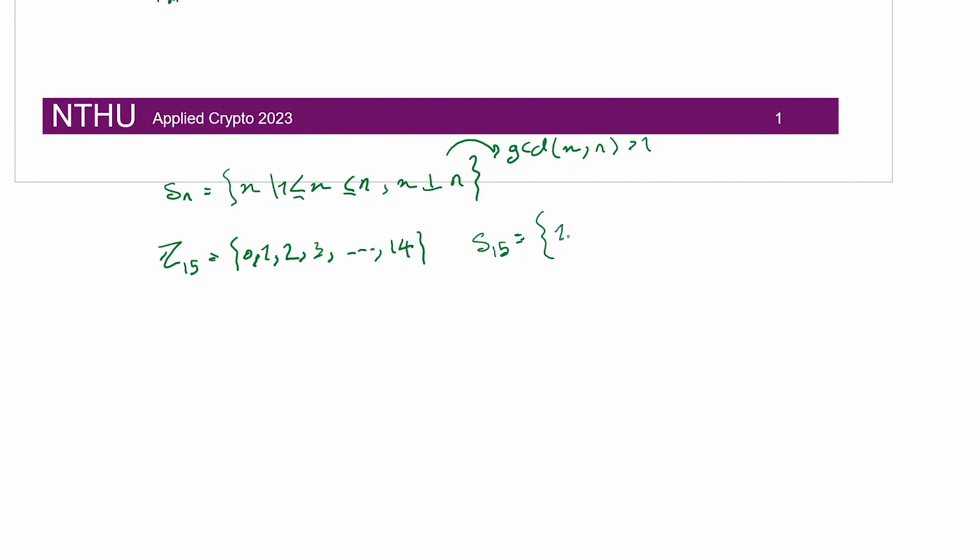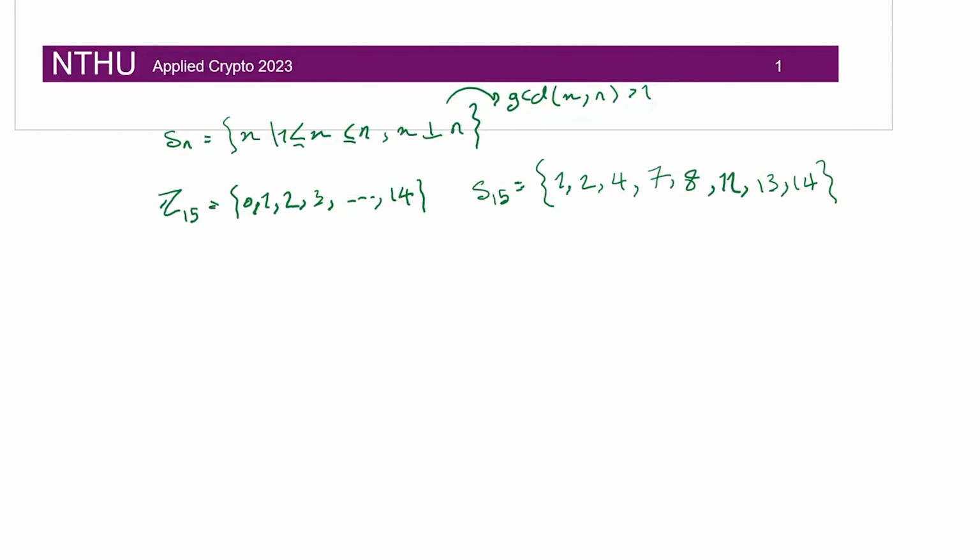So the GCD of 1 and 15 is 1, correct. 2 is co-prime to 15. 3 is not because 3 can divide 15. So 4 is, right? And then 5 is not, 6 is not, then 7, then 8, then 11, 13, and then 14. So only these elements are co-prime, and this would be the set.